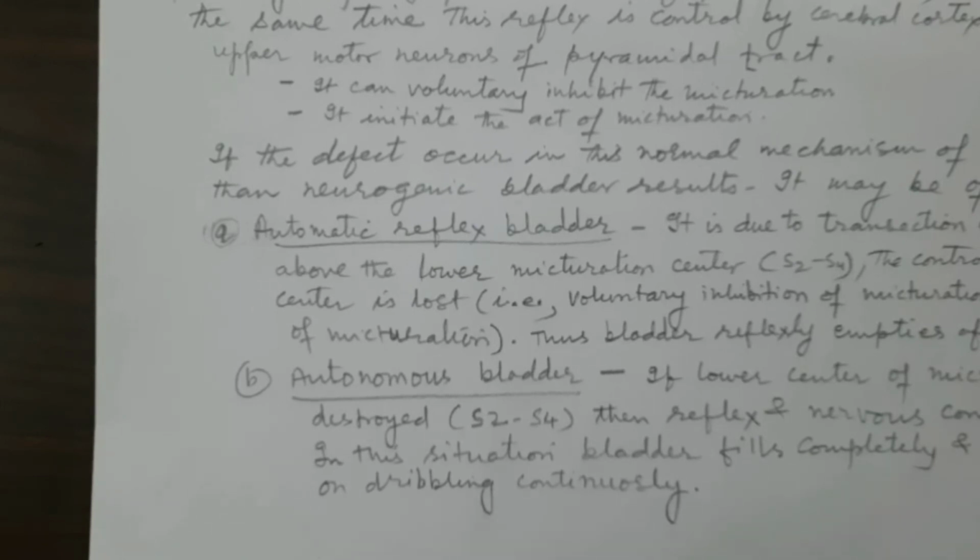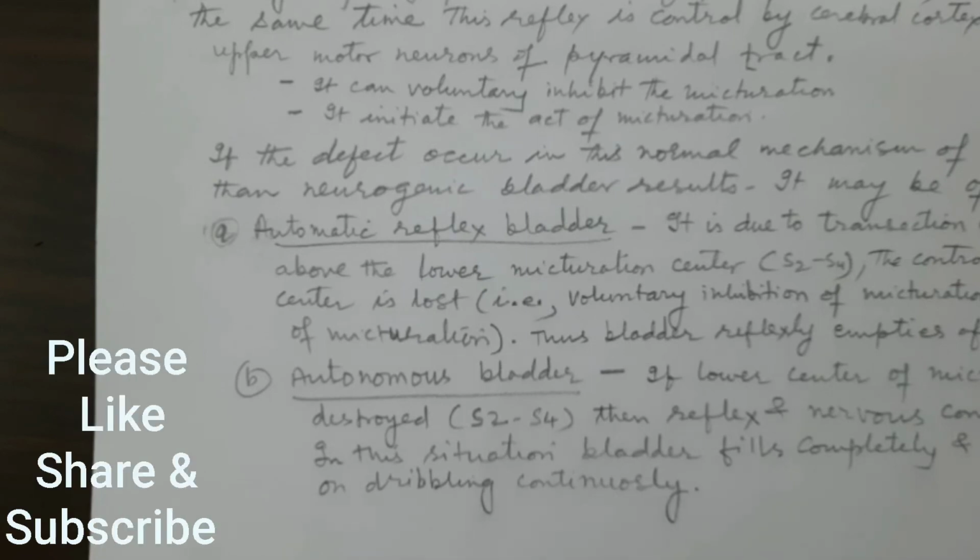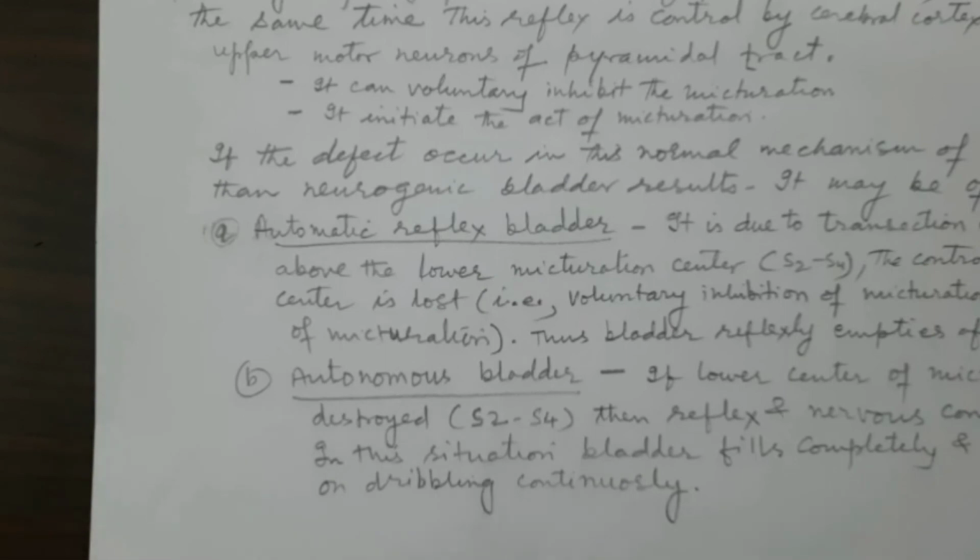It will just become a simple bag of muscle, without any control, neither somatic nor autonomic. It is just a bag in which urine continuously comes, filling the bladder, and when the urine becomes large in quantity, it will start dribbling drop by drop, as there is no control at all, no reflex activity, no voluntary control.